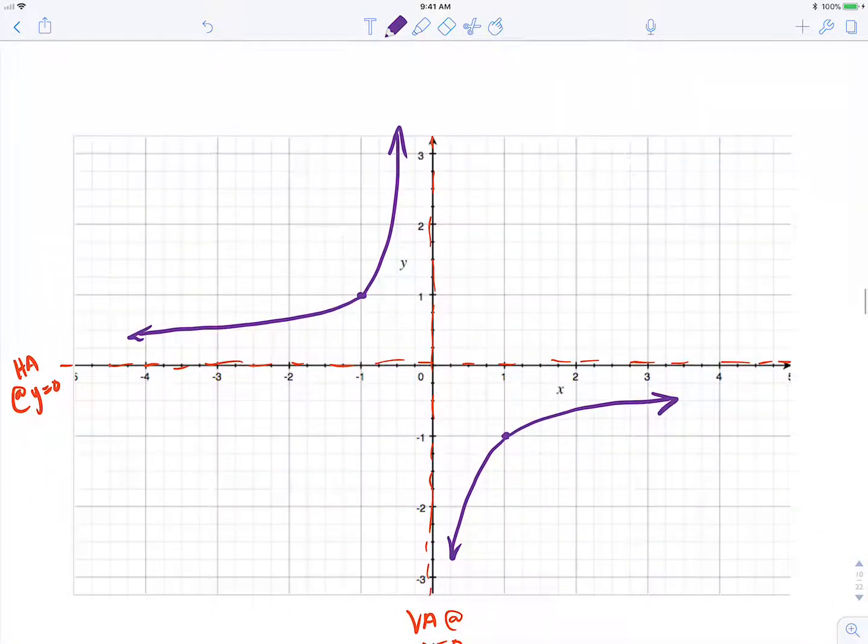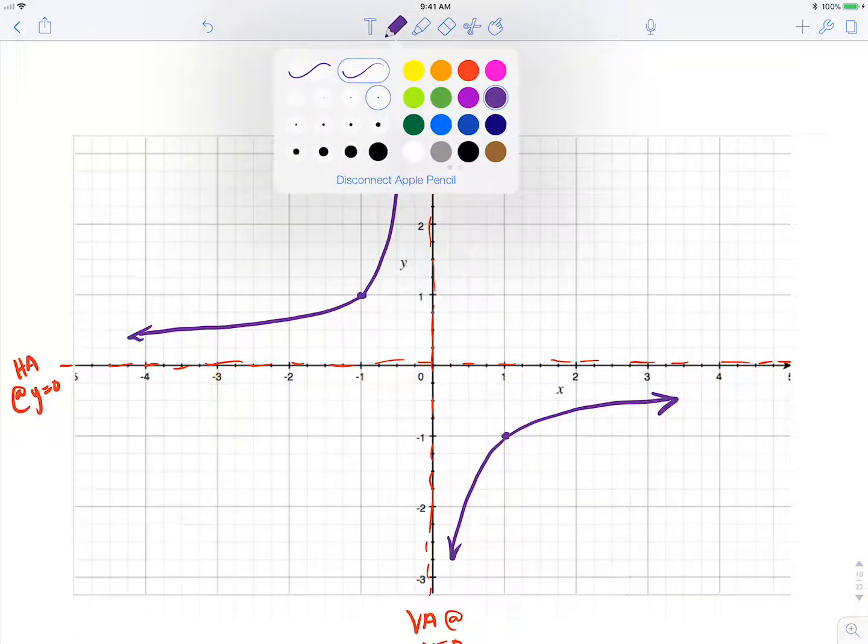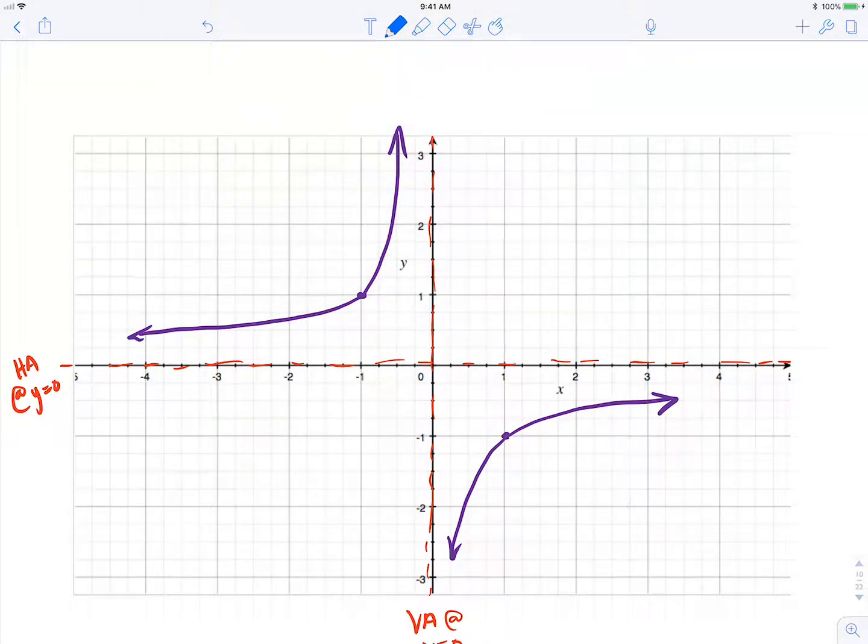So looking at this graph, we can see that to the left of 0, any tangent line that you would draw would have a positive slope, and to the right of 0, any tangent line that you could draw to the curve would also have a positive slope.